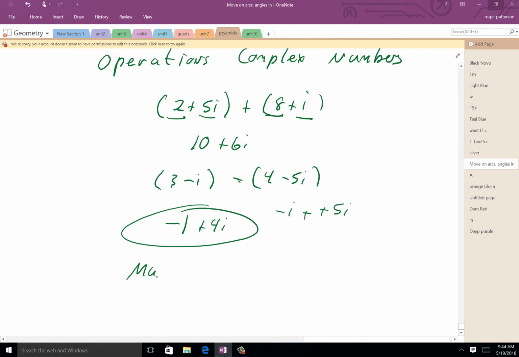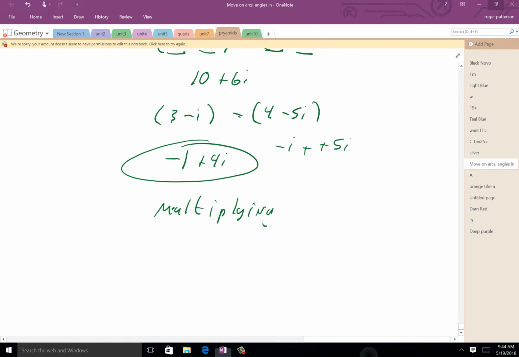Multiplying. Now multiplying, not anything too rough either. There's just one little tiny thing to it. So if we're multiplying some complex numbers, again, I'm just going to pick an example because it's easier to show it to you that way. We're going to FOIL this.